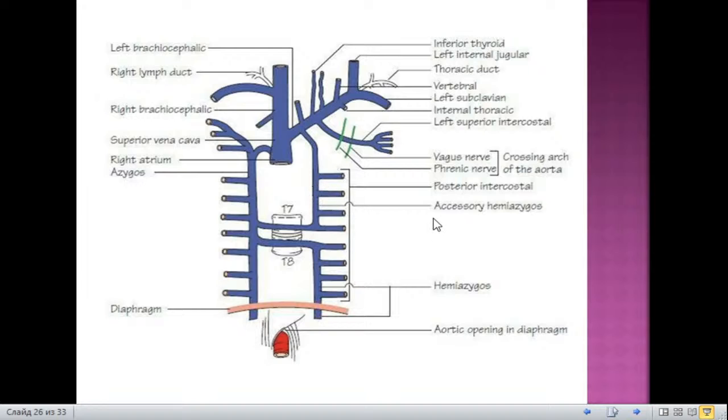So these were the general principles of the venous drainage of the head, neck, upper limb and chest. And the last question is the innervation of the head, neck, upper limb and chest.